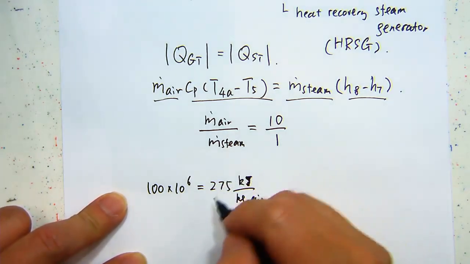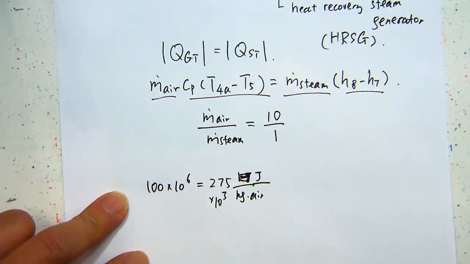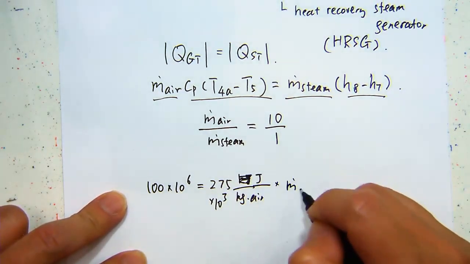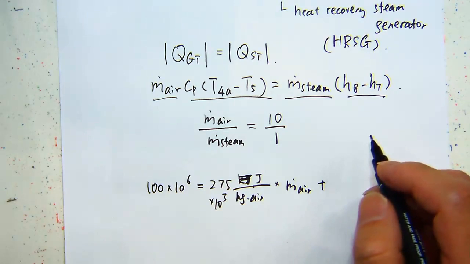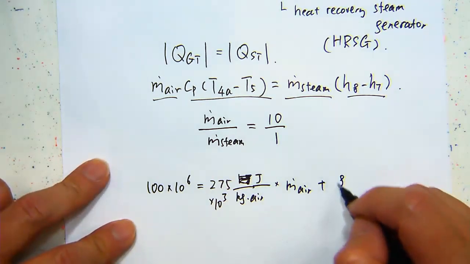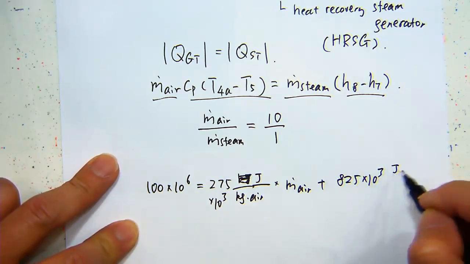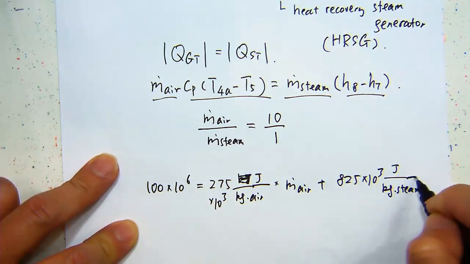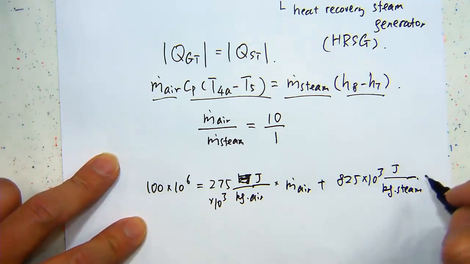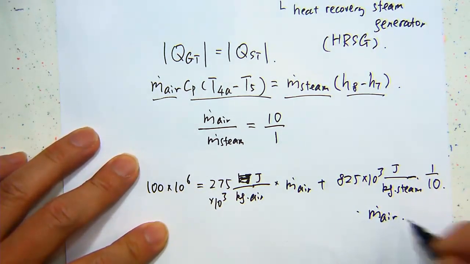All right, I should write in the standard unit. Then times the m dot air, and times the work that we figured out from the steam turbine, that will be 825 times 10 to the 3 joule per kilogram of steam, and then divide by 10, and then times the mass flow rate of the air.